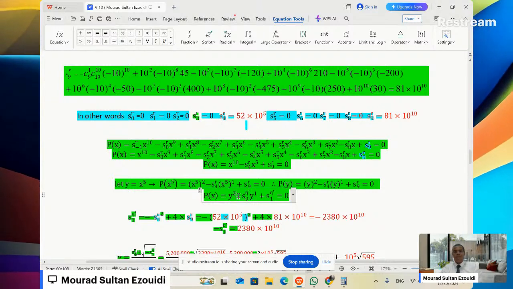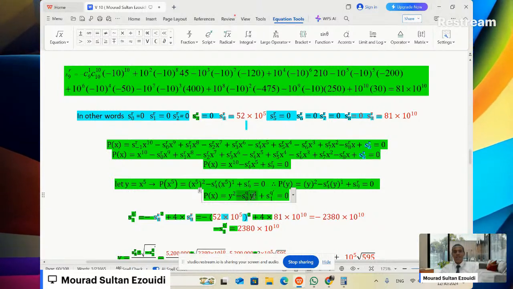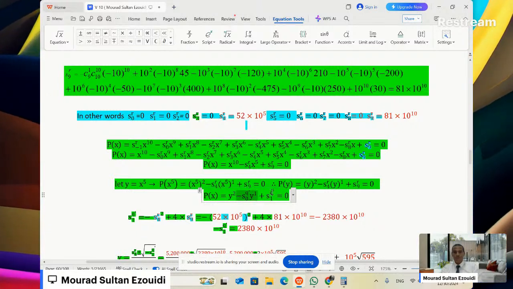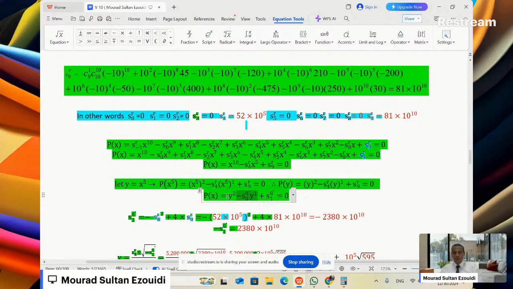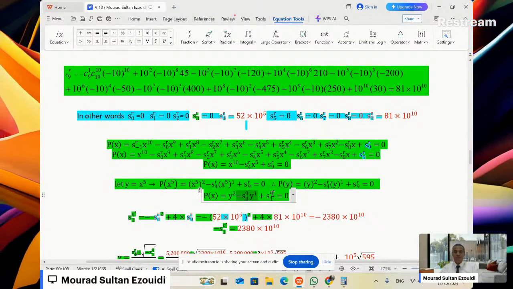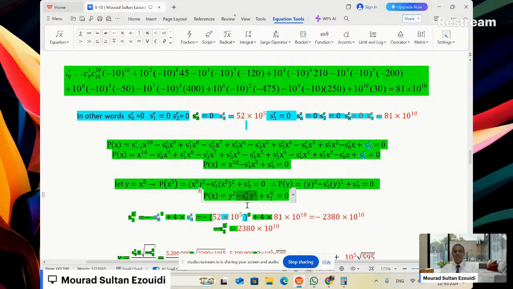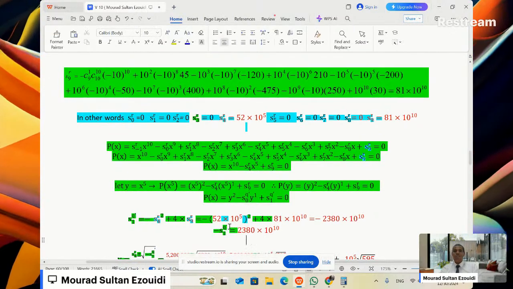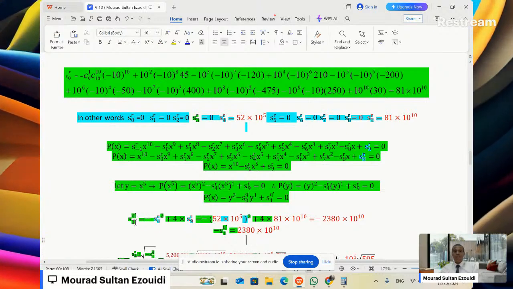Therefore, a0 is equal to 0 always for any equation like this. It remains only y squared plus s1 of Q dash equals 0. To solve for y, we should transfer s1 of Q dash to the right hand side. That's why here it's written as minus s1 of Q dash.